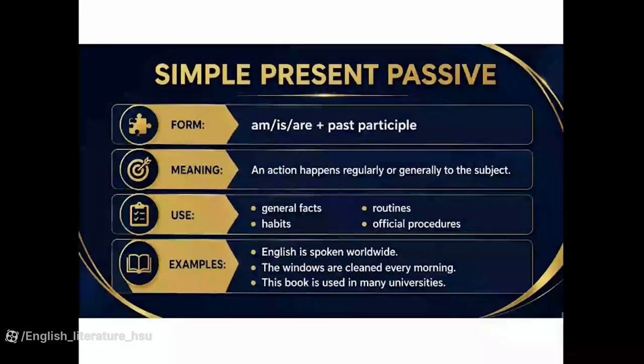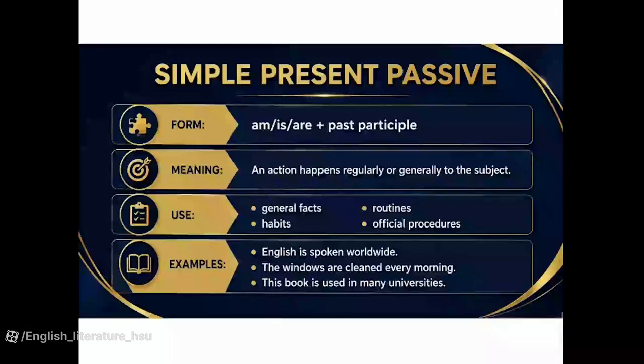Okay, now we will look at how we form the passive voice across different tenses. The first tense we are going to learn is simple present passive. The structure of this form is be as auxiliary verb plus past participle. Am, is, are plus past participle. It means that an action happens regularly as a general fact.